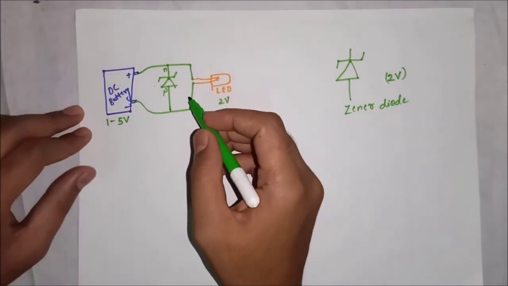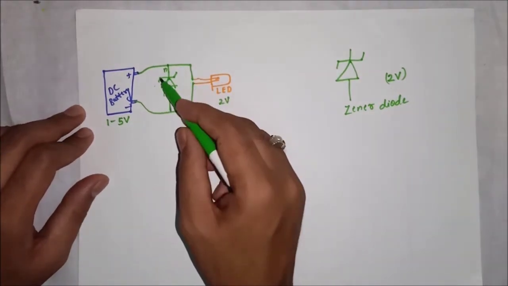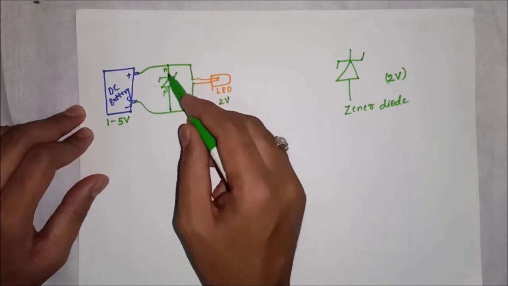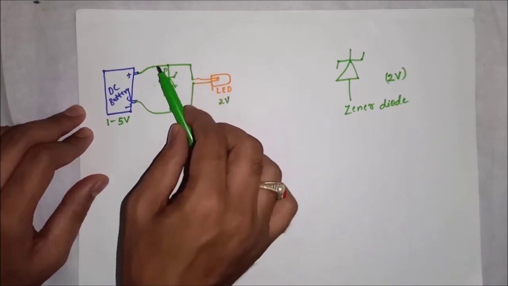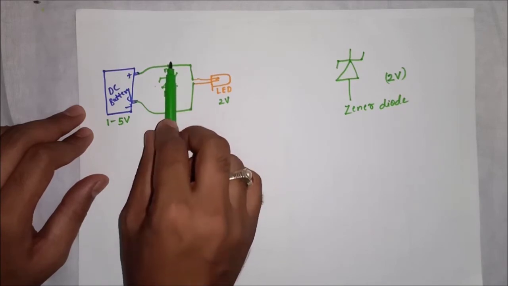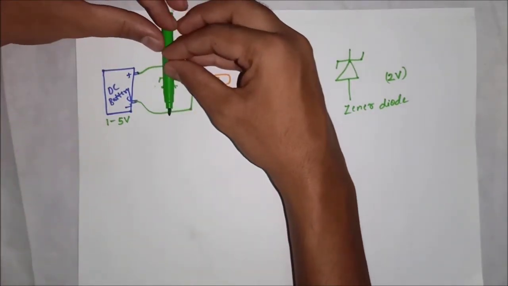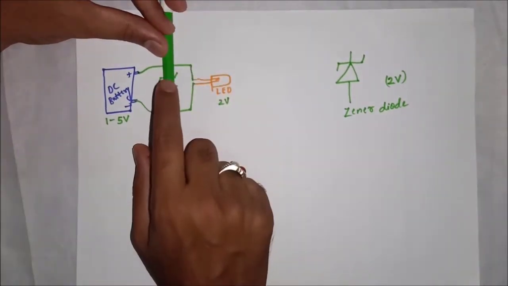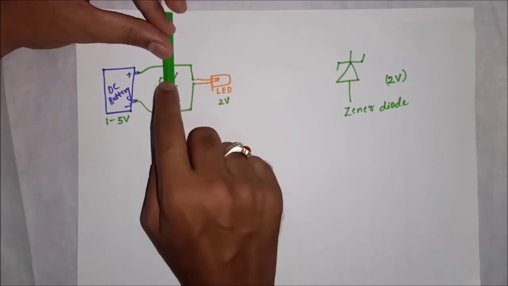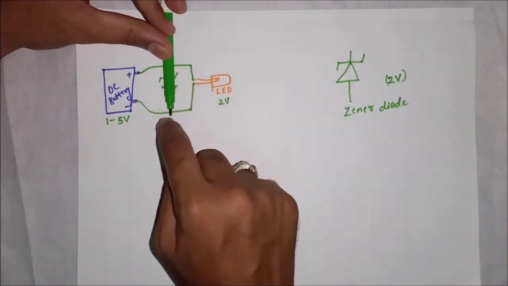So we have to use the Zener diode always in reverse bias condition. And we must not use the Zener diode in forward bias condition. If it is reverse bias, you can use it. If you change the direction of the Zener diode, it is forward bias, and we cannot use this condition, because in forward bias it just acts as a short circuit.